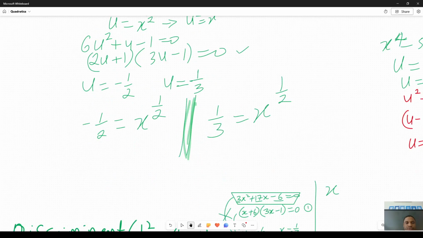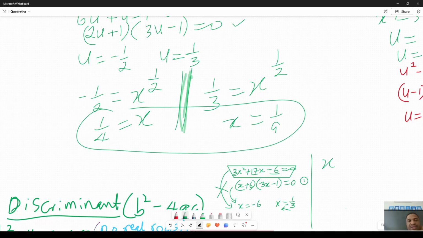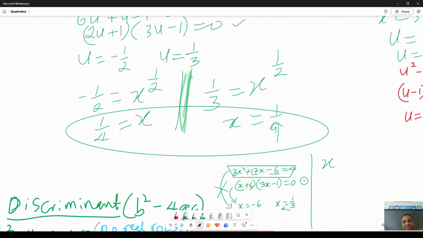So from here, remember, I need to find x. So I square both sides. This will be 1 by 4 equal to x, and x equals to 1 by 9. So these are my answers.